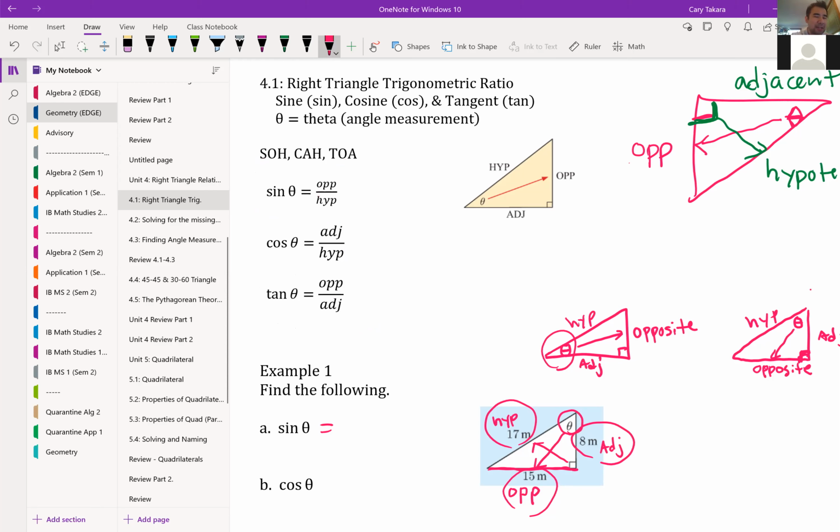And to memorize these formulas, teachers often use the phrase SOHCAHTOA.